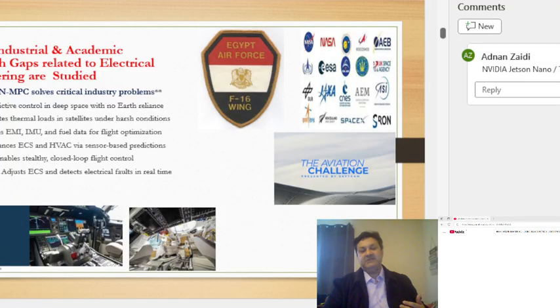Another is the Canadian Space Agency, which regulates thermal loads in satellites under harsh conditions, and there are issues with the regulation of those thermal loads. For Boeing, fuses, EMI, IMU, and fuel data for flight optimization: there are issues that are not 100% addressed, but most of them we have partially addressed and tried to resolve with our algorithm or model.